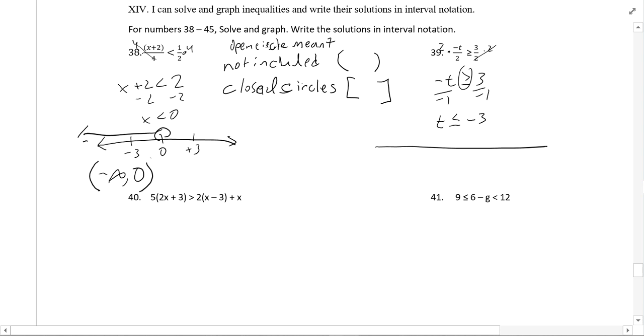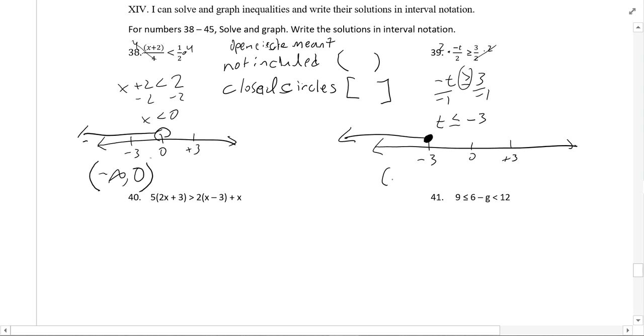Okay, so kind of like the one I just did, I have negative 3, 0, positive 3 here. So this time, since it's less than or equal to, it means it's a closed circle and everything to the left of negative 3. So this time to write the interval, again, it starts left to right. So everything on the left is negative infinity.